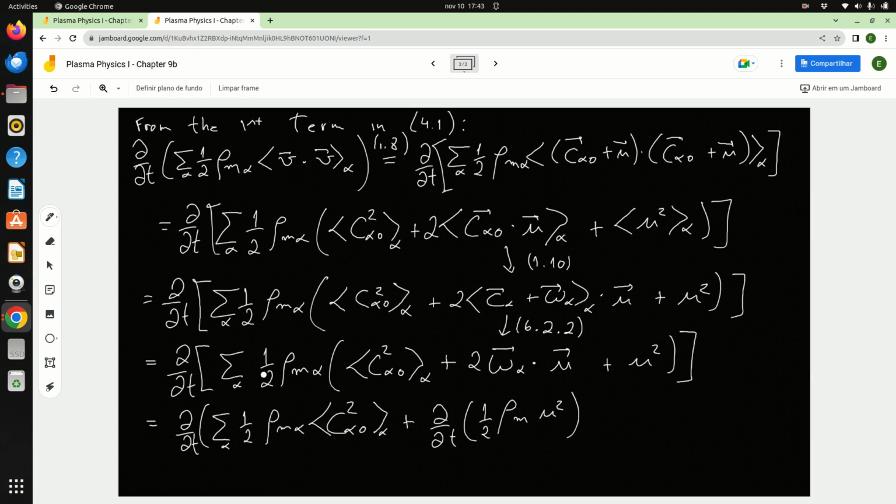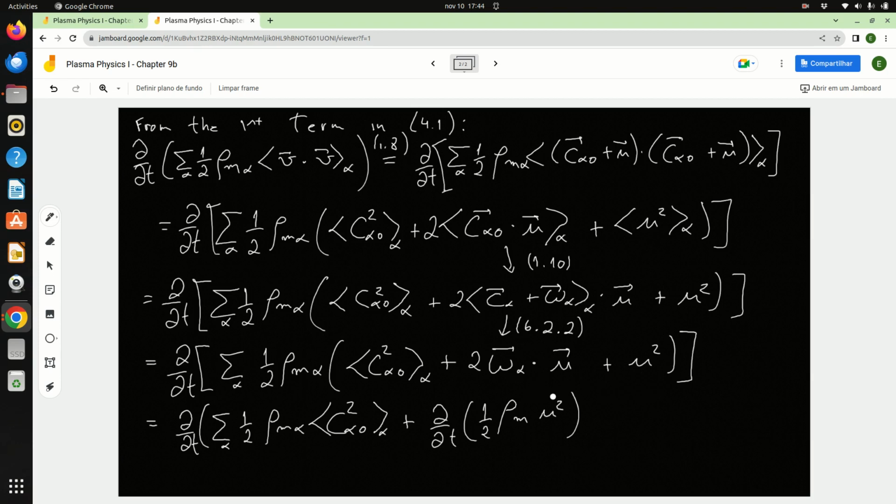Now the question is, how do you get from here to here? What happened to this term? Because here you have the first one, you have the last one here. Why are you not summing? Well, you don't have to sum this here. You have already summed in the alpha particles. The sum of rho m alpha becomes rho m, and this times u square. You have this term here. So why is the sum of this equal to 0?